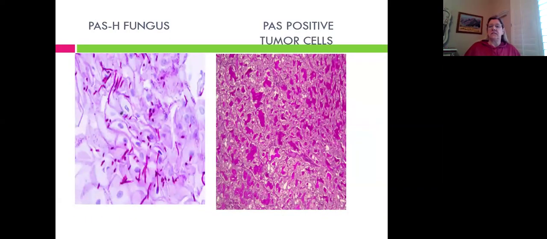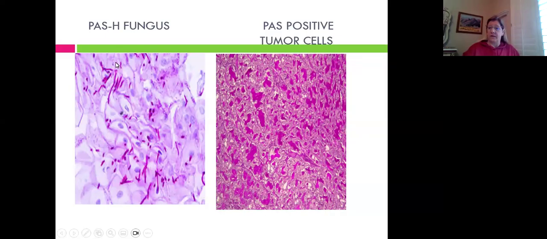So this is a PAS that has picked up fungus. So if you by chance have any fungus in your section, it's going to pick up that Schiff's as well. So that's what this is over here.